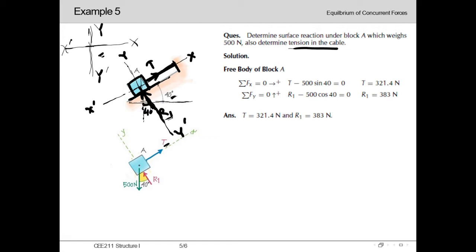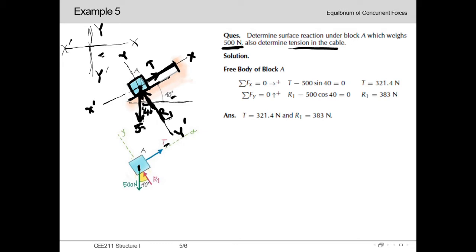So this is x prime, this is y, and this is y prime. Here we can see that this R1 reaction or surface reaction is coinciding with the y prime. That means it will not have any component in the x direction. On the other hand, we have the self weight, given in this question as 500 Newton, which is acting directly downward.